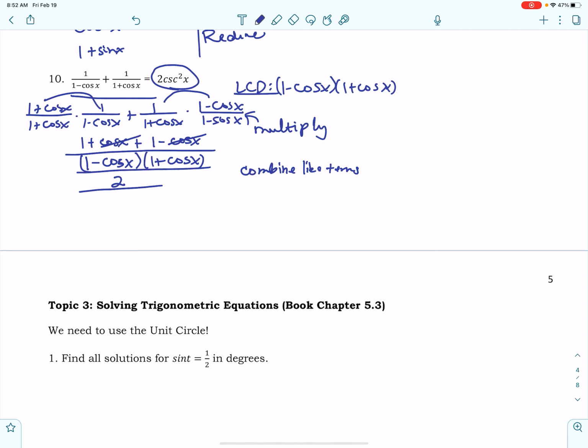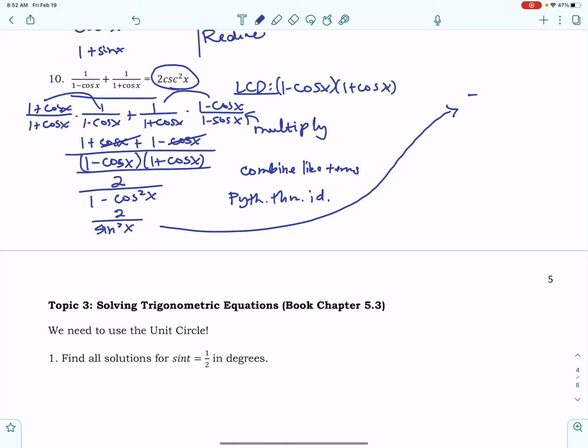All right, and then I'm going to FOIL this, so I end up with 1 minus cosine squared x. And remember, a Pythagorean theorem identity will enable me to change this to sine squared x. And then, of course, I know that I'm going to bring this over here.